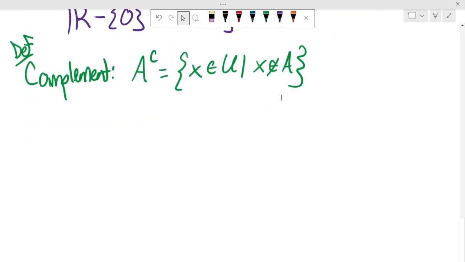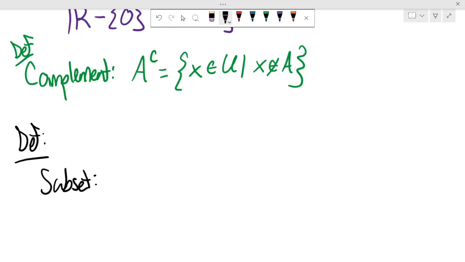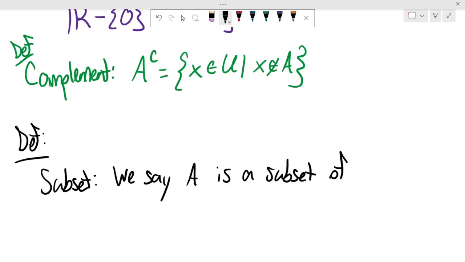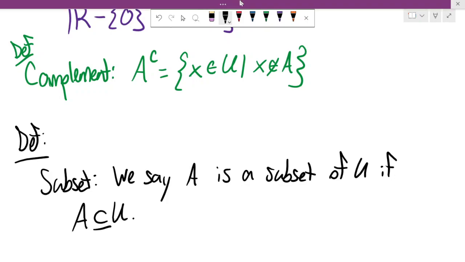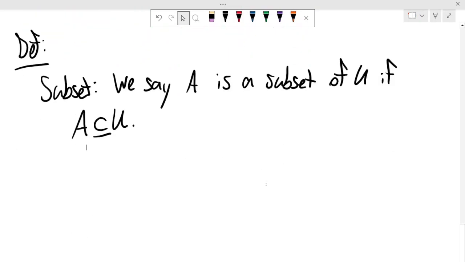Okay. So some other ones that I've already alluded to, subset. Right? We say A is a subset of U if A is contained in U. Contained or equal to U could still be a subset even if it's equal.